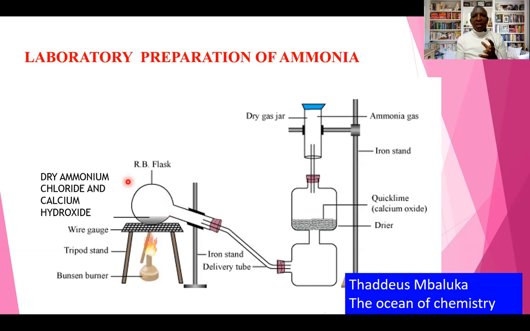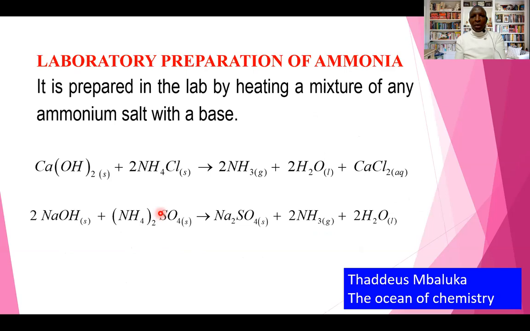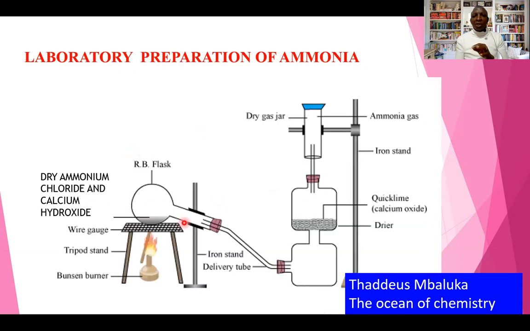This is to prevent, remember, the reaction from the previous slide: the reaction between calcium hydroxide and ammonium chloride produces water. If the water is formed here, it can flow back to the flask and cause the flask to break.